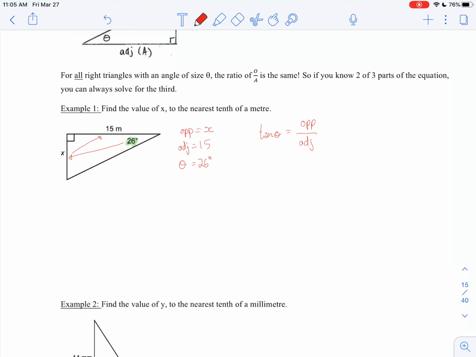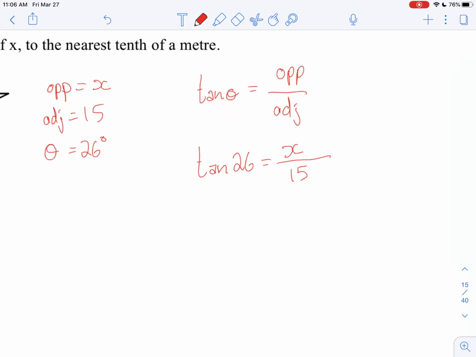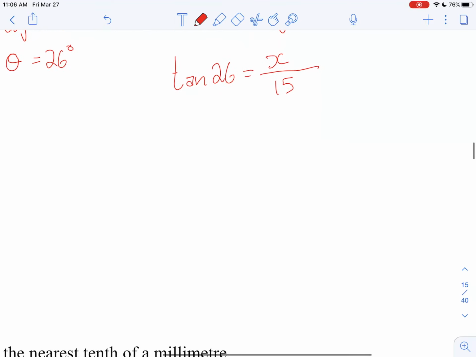So we can fill out the values we have. Theta is equal to 26 degrees. I don't know my op, so I'm going to leave it as x. I do know my adjacent: my adjacent is 15. So here I've got an equation with one unknown, x.